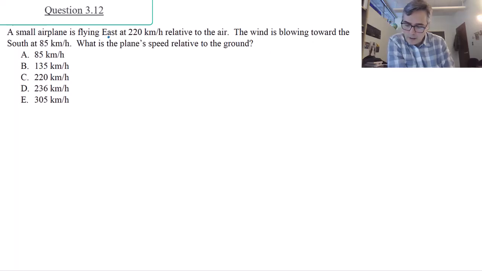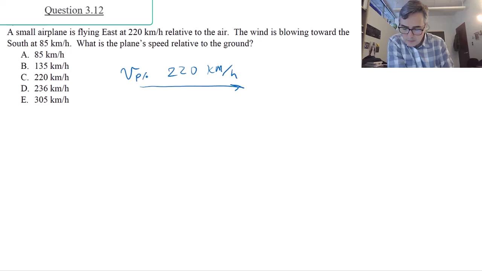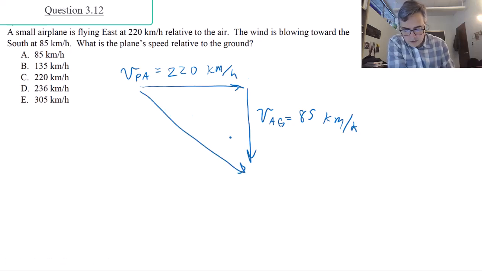A small airplane is flying east at 220 kilometers per hour relative to the air. I'll call that plane relative to the air. The wind is blowing towards the south at 85 kilometers per hour. That's the air relative to the ground. What is the plane speed relative to the ground? So this will be the velocity of the plane relative to the ground.